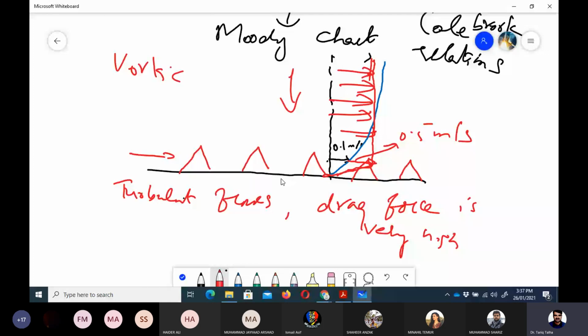So that's why the mean velocity in this area would be higher, and so we would have a very high value of friction factor for the turbulent flow, and drag force would be higher.